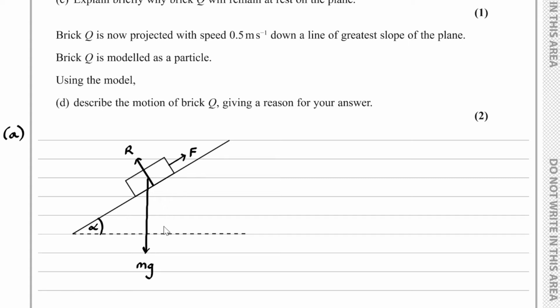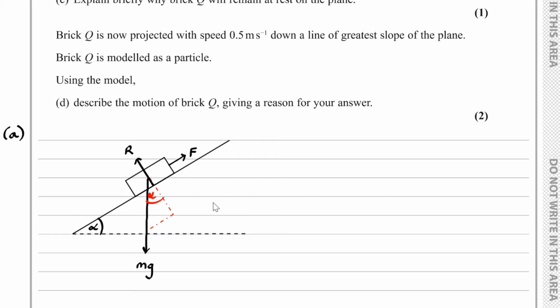I also think it's helpful to split up this weight force into its components. If we do that, we have the angle alpha, and mg, which is essentially the hypotenuse.